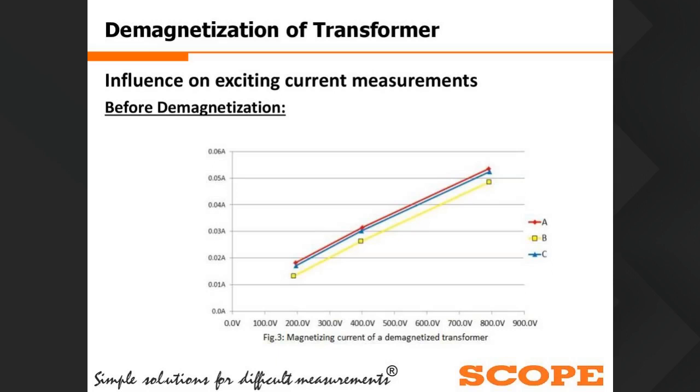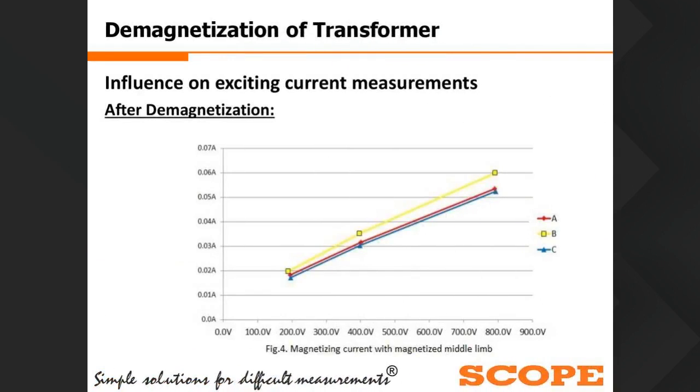But here you can see the yellow part indicates the middle limb, but the excitation current is very low before the demagnetization. After the demagnetization, we see directly that the excitation current of the middle phase is more than the other two phases, that is A and B. So after the demagnetization, we will get correct results of the excitation current.